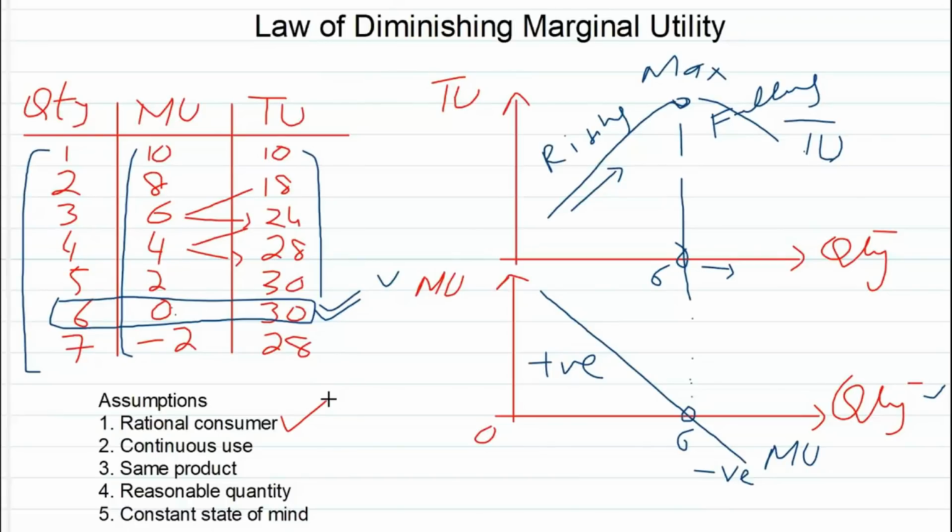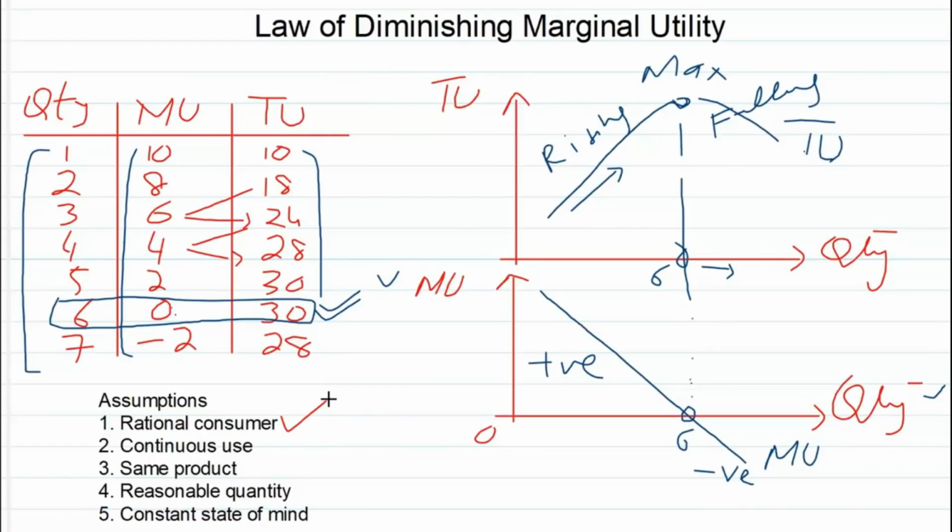If it happens, then consumer is considered to be irrational, and if he takes decisions irrationally, then this law is not applicable. It is interesting to know that if consumers were rational, then there would have been no need for advertisement. However, advertisement makes consumers irrational, and they purchase many goods and services which are not needed.